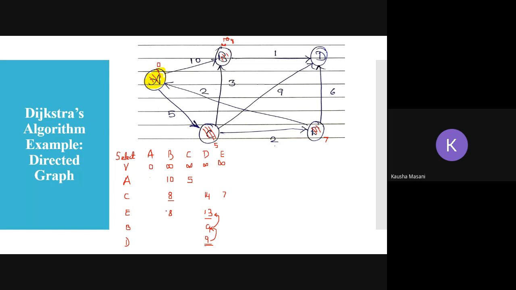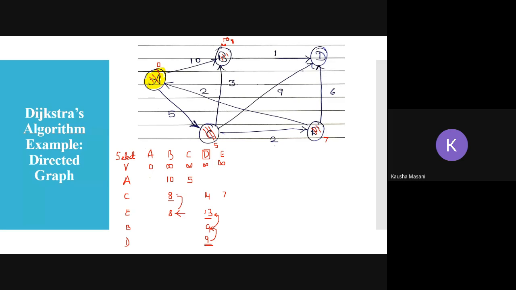It is D. So first it was D, correct? Then from D and B, which is the lowest value? B. Okay, so cursor will go here.